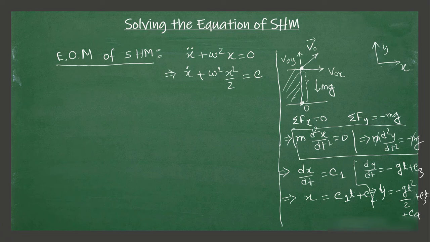But wait, there is something wrong. We have integrated this quantity with respect to time and this quantity with respect to x. But we can't do this, right? You can either integrate the whole equation with respect to x or with respect to t, but not this one with respect to t and this one with respect to x. So this equation is wrong, so let's cancel it out.